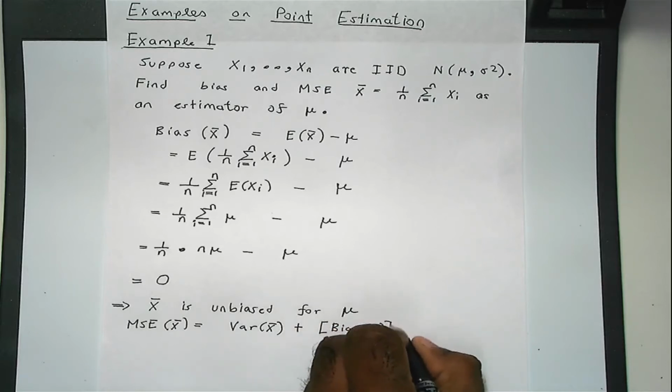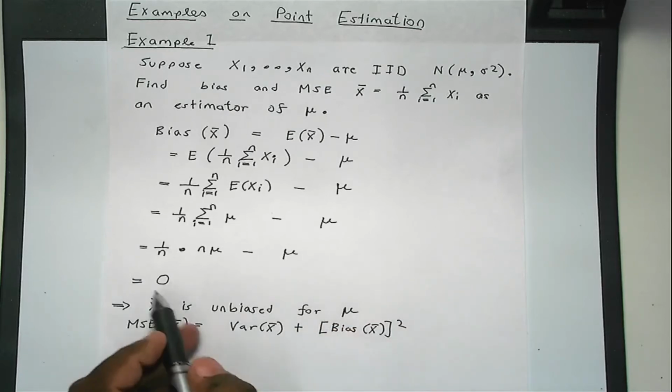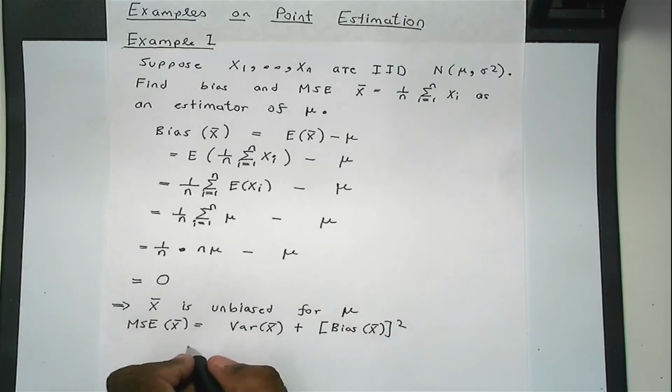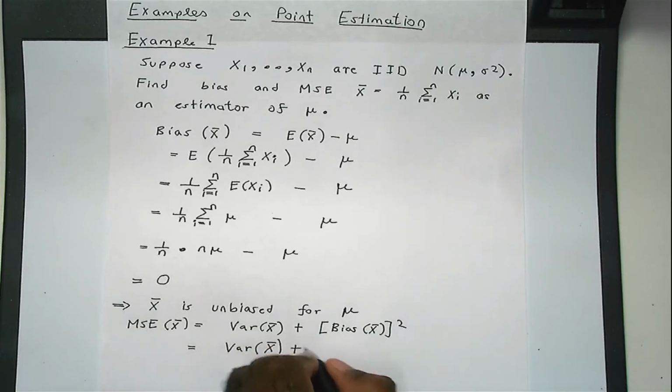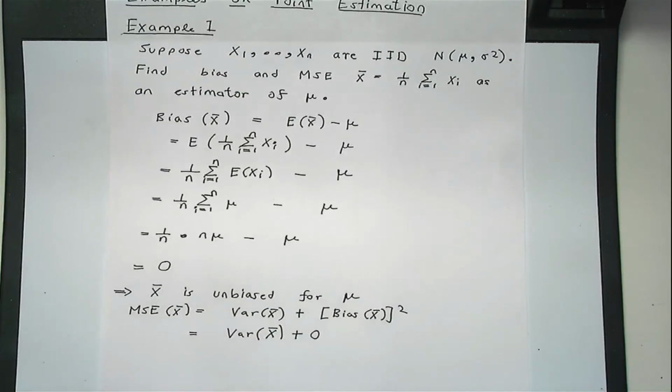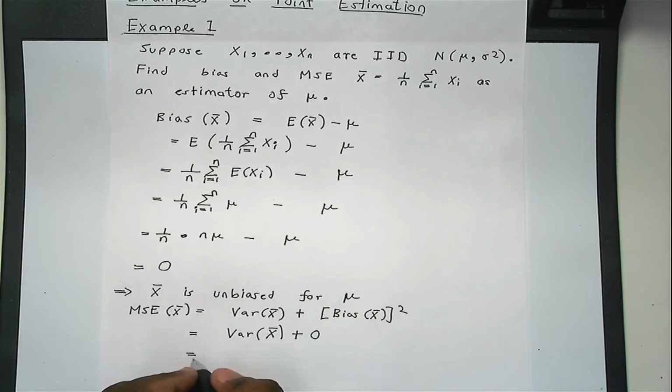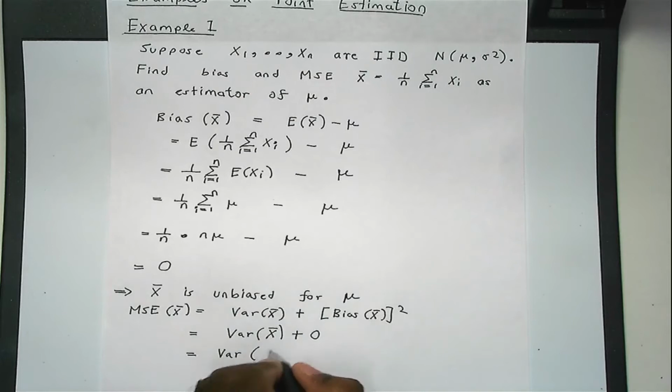Okay, but we just showed that the bias is 0, so this is equal to simply the variance of x bar. Okay, so this is the variance of 1 over n times the sum of xi.